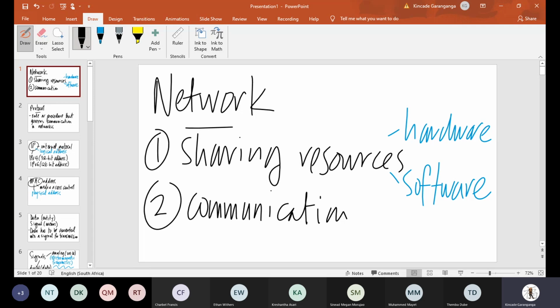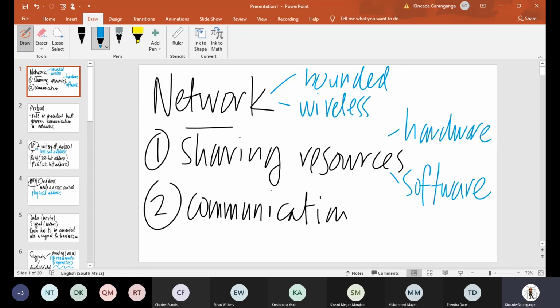When it's bounded, you've got a physical link between two or more entities, whichever way you want to look at it. If it's wireless, there is a link, but there's no physical connection.